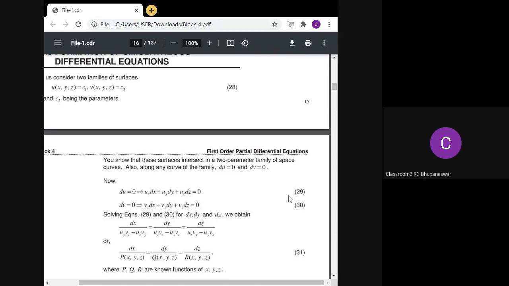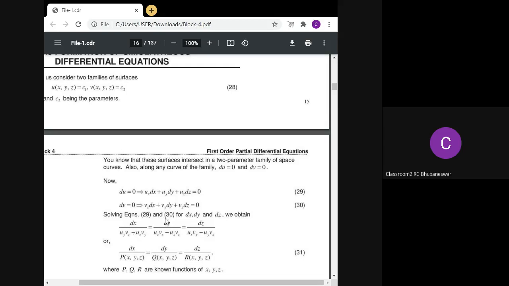Now in equations number 29 and 30, as you can see clearly, we have two equations. We can solve these two equations for dx, dy and dz, and we obtain the following expression. Look here. In this expression, we have three fractions in proportional form. Here dx is divided by u_y v_z minus u_z v_y.